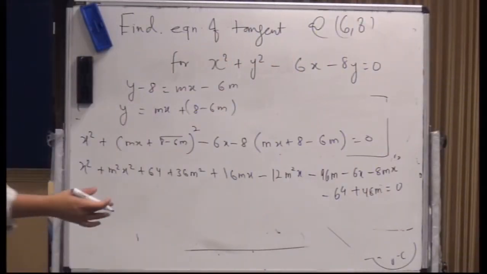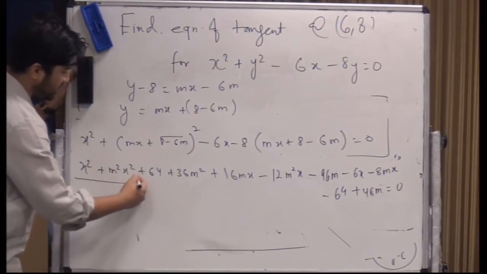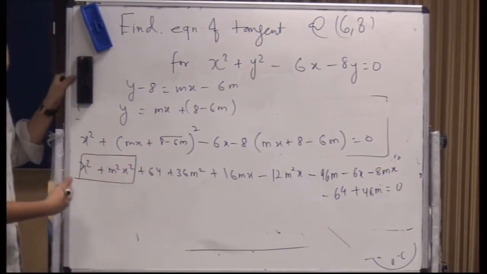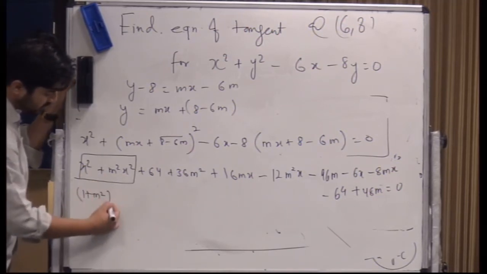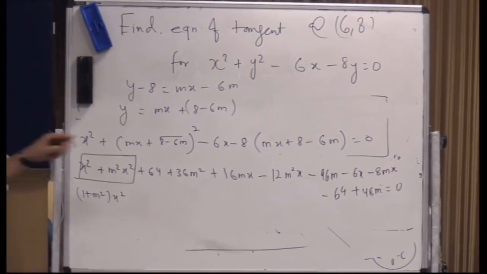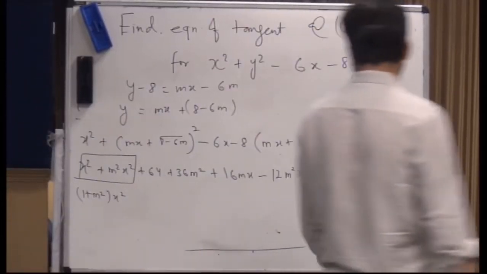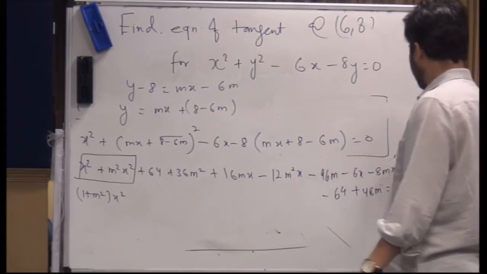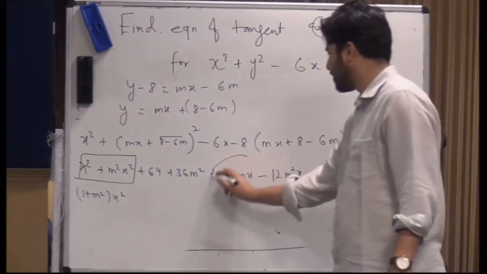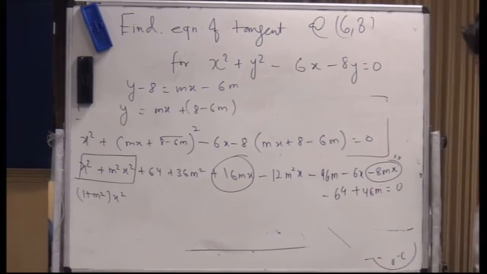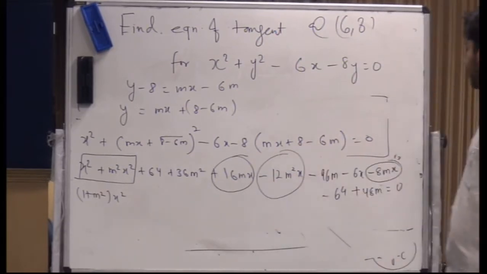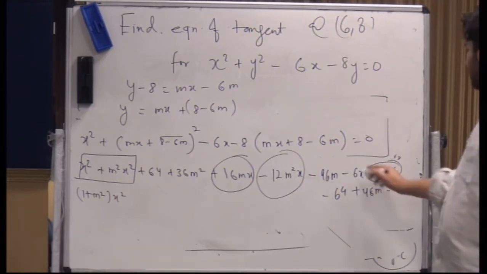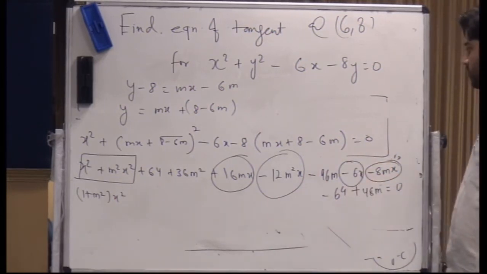It's not that bad, okay? It just needs more of your attention. So it will become (1 plus m square) x square, because you don't see x square anywhere else. How many x terms do you see? You see minus 8mx and 16mx, which makes it 8mx. And then you see minus 12 m square x, and minus 6x.